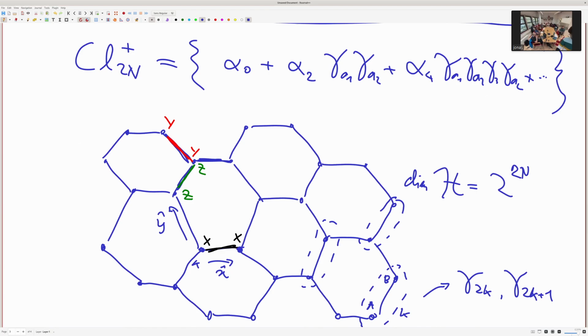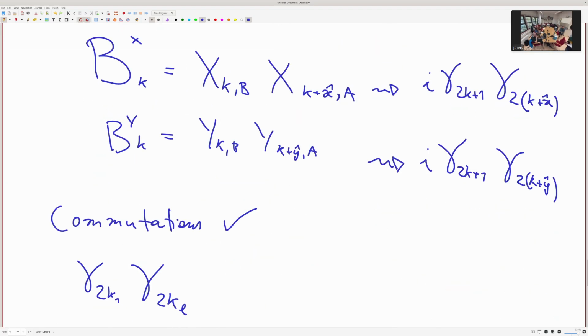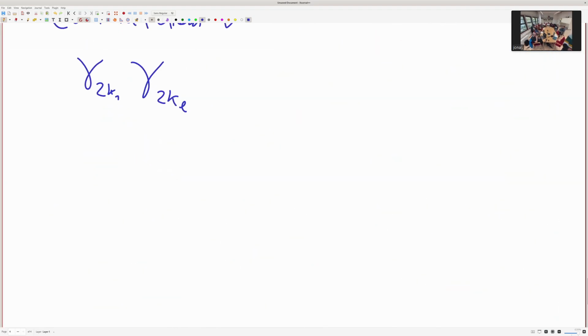If one is here and one is here, one basically just needs to find a path along this graph that connects them. Then one can represent this product of two gammas as a product of B operators along the path that connects them. And one can see this relatively easily because, for example, in this case, I can rewrite this object in the following way.